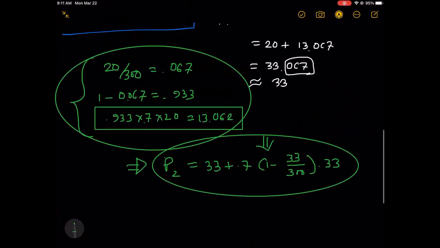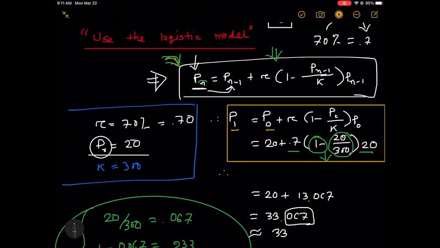So it's Pn on our left and Pn minus 1 on our right. So that means if we are calculating P2, n is 2. So we'll replace Pn minus 1 by P1, right? Because if n is 2, we can see n is 2 here. We're calculating P2.